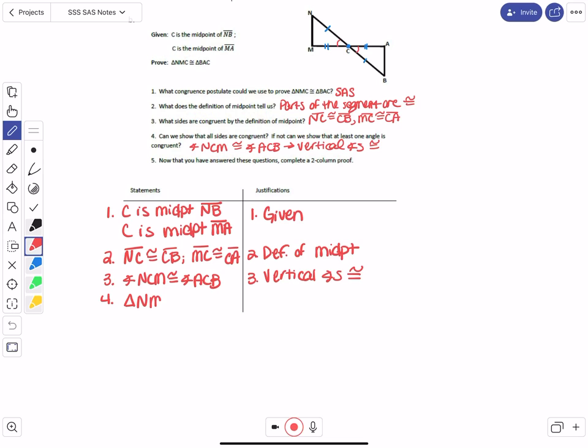Triangle NMC is congruent to triangle BAC. And that is because of side, angle, side. We said our sides were congruent, our angles were congruent, and our sides were congruent. And that's just basically talking through a proof. And so anytime that you would have to do a proof, it would basically be like fill in the blanks.